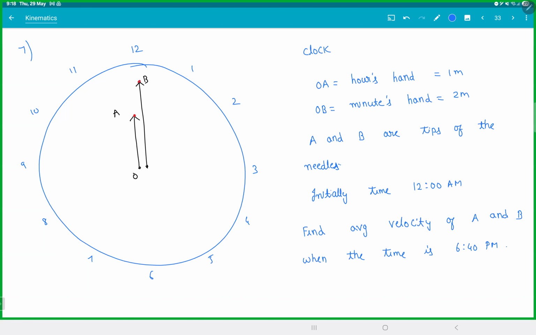Displacement by time. I just want the magnitude. I don't need a vector. Get me the magnitude. Find mod of average velocity of A and B when the time is 6:40 p.m.